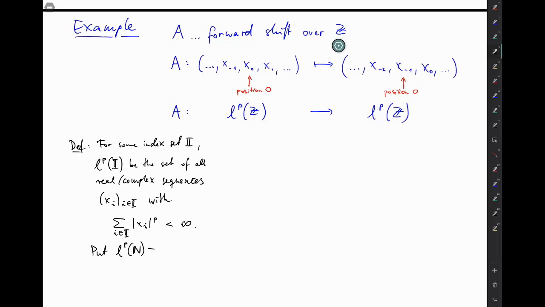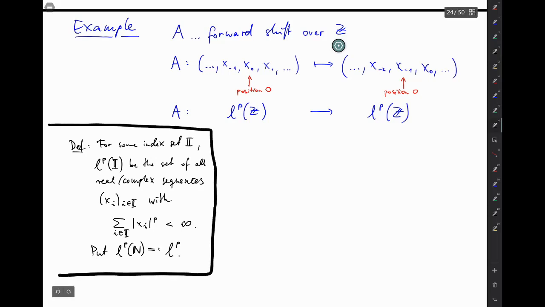So the set LPN is just abbreviated by LP, which is what we've been doing for the last couple of lectures. Okay, that was just a little inset here to explain these notations. And now we all know what we're talking about.